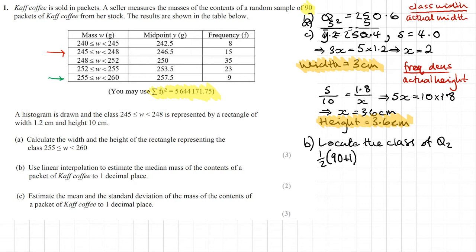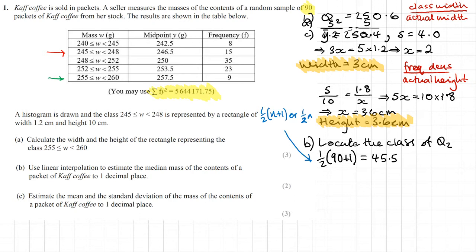That gives me the exact position. But when the frequency is large-ish, about 90, you can use either half n plus 1 that I've used, or half n to locate the position. So that's going to give me half of 91, which is 45.5.